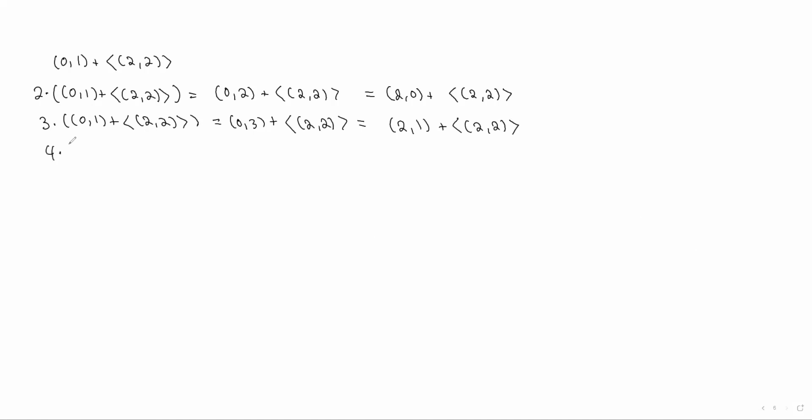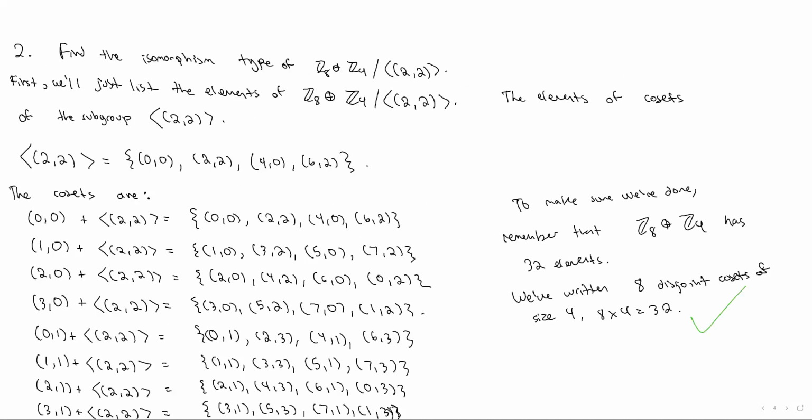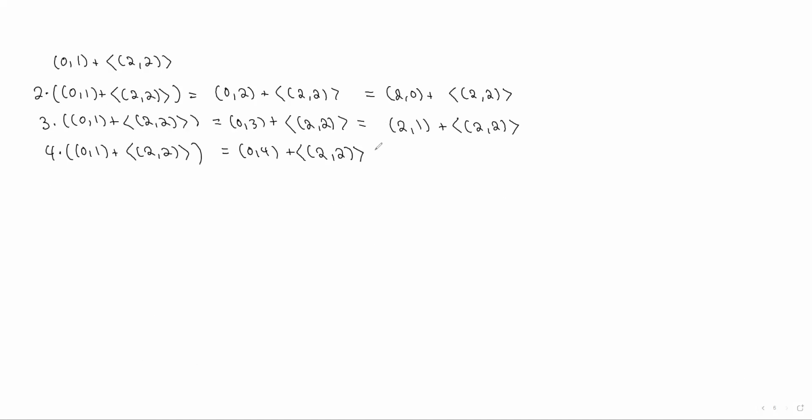And then finally, 4 times (0,1) + <(2,2)> is (0,4) + <(2,2)>, which is (0,0), because we're doing Z8 plus Z4. So this is just (0,0) + <(2,2)>.